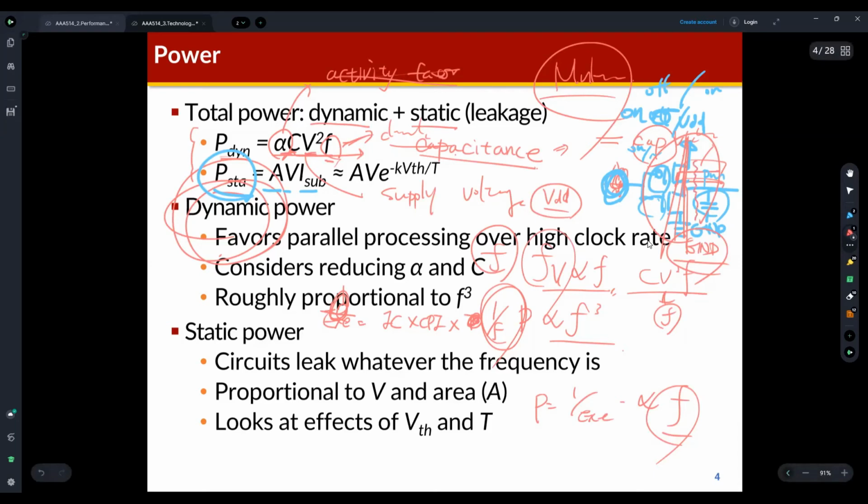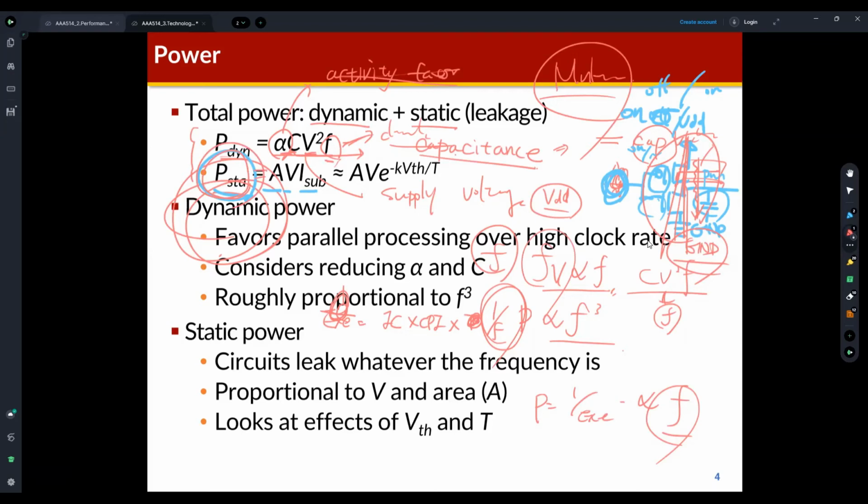But a very low current can still pass through this VDD to ground path, even though one of the transistors is turned off. It's called the leakage current, and the static power is caused by this leakage current.